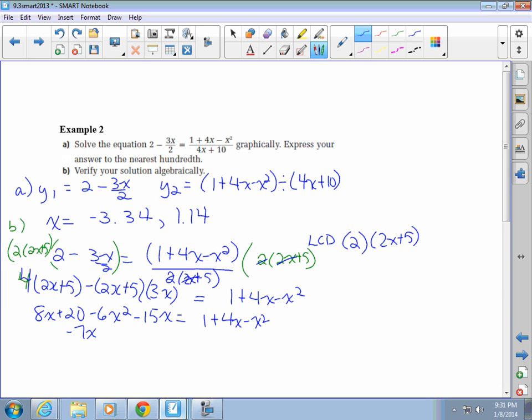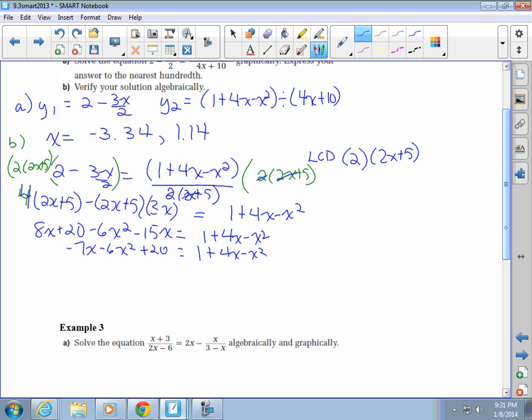Minus 6x squared, I have nothing I can do with that, and plus 20, nothing. Okay, so now I'm going to bring over minus 7x, so I'm going to add 7x. Minus 6x squared, so plus 6x squared. And then plus 20, so minus 20 should go right there.